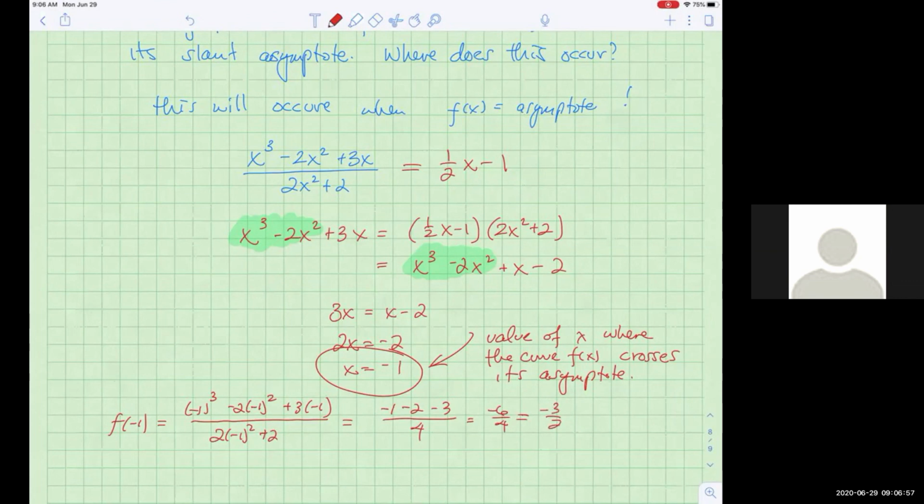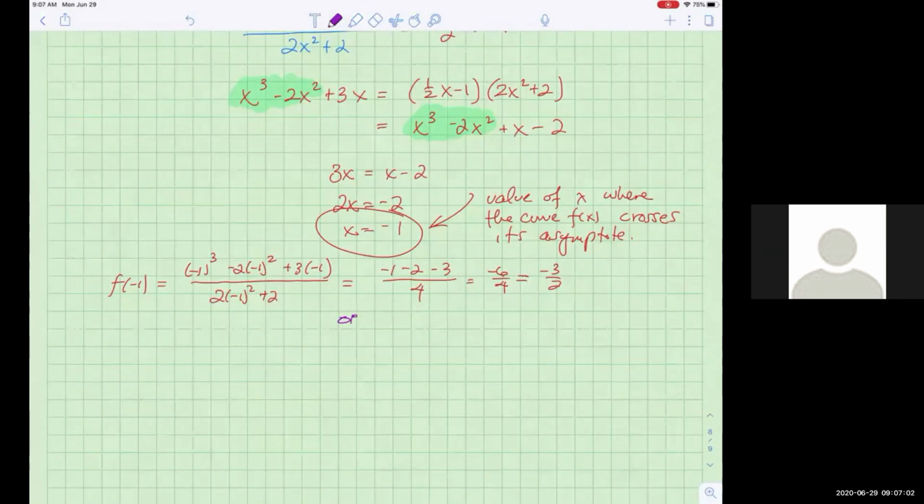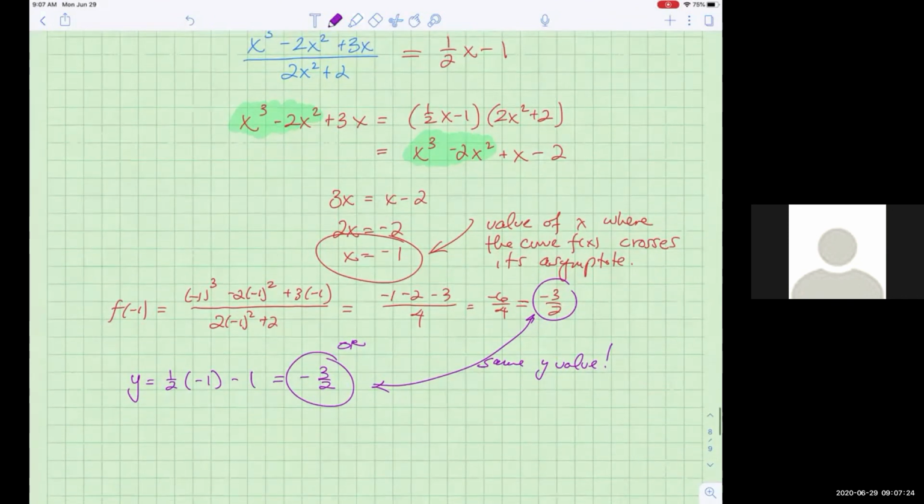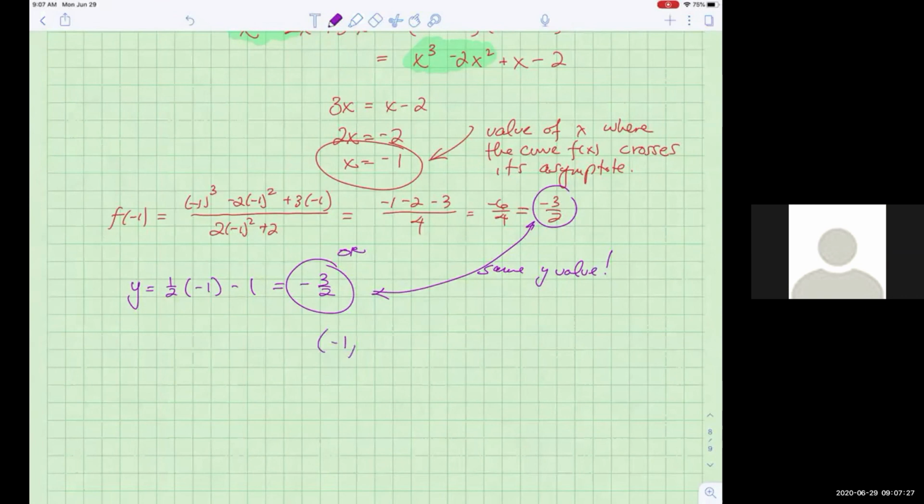By the way, you'll get the exact same value by plugging it into the asymptote, and it's actually quite a bit easier. Same y value.